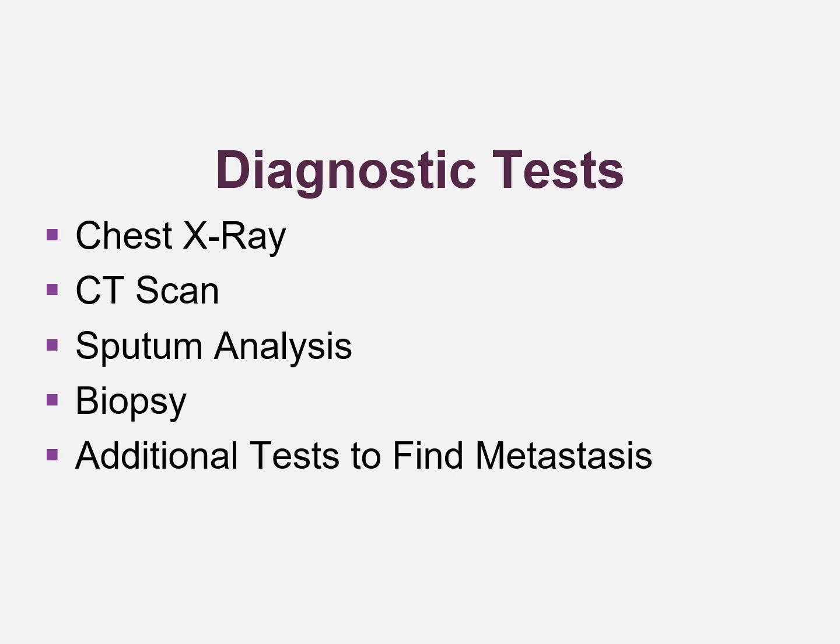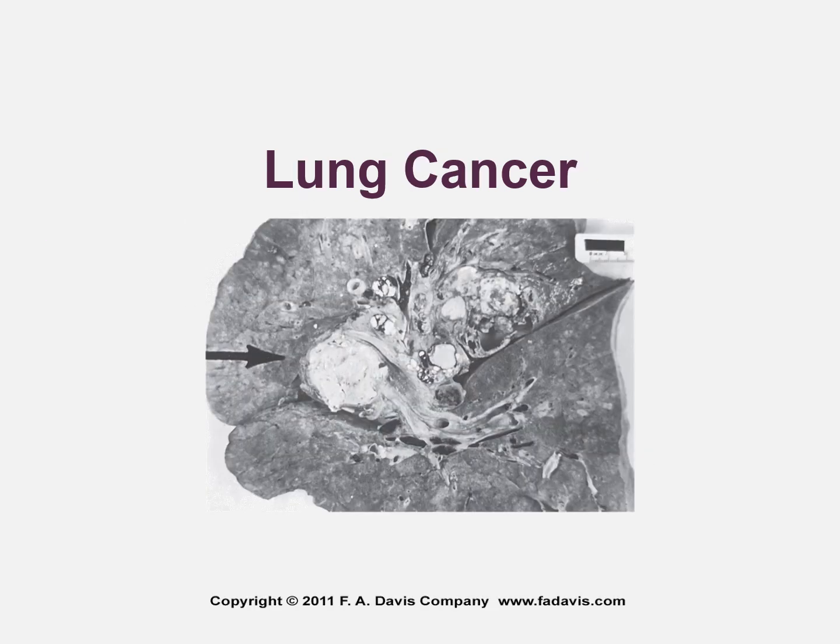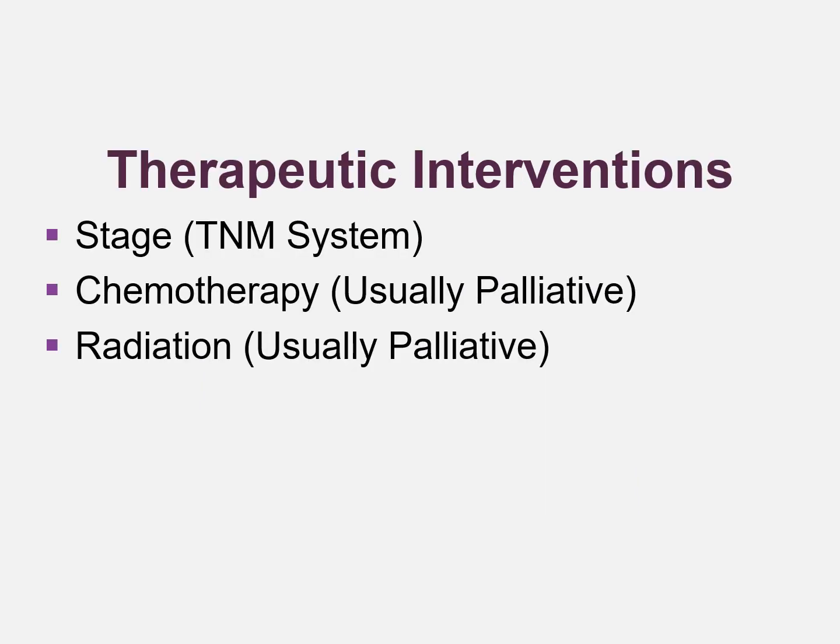Diagnostic testing will be chest X-rays, CT scans, sputum analysis, biopsies, and additional tests to see if metastasis has occurred. This is a picture of a cell of lung cancer. So therapeutic interventions will be done.